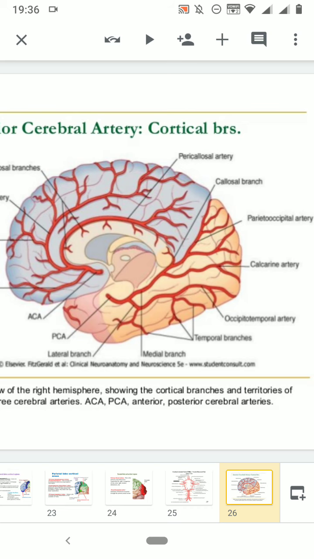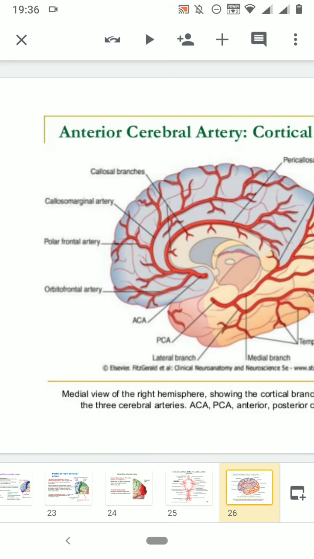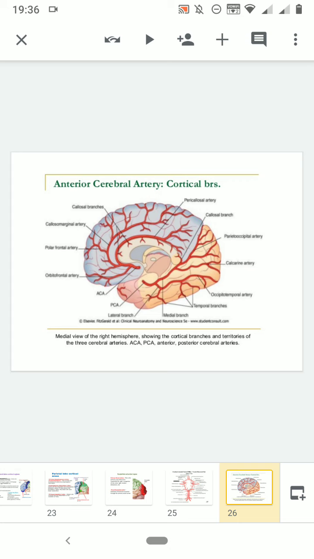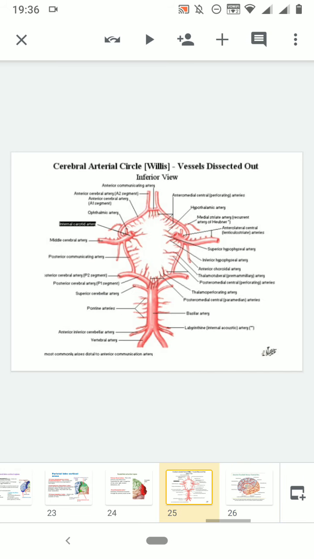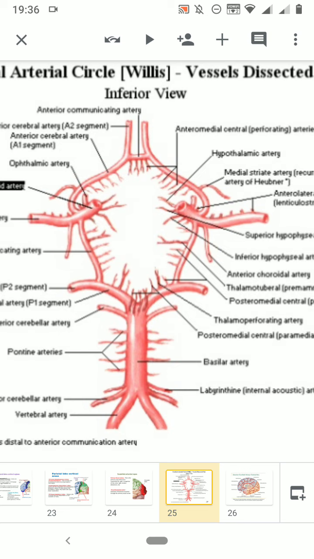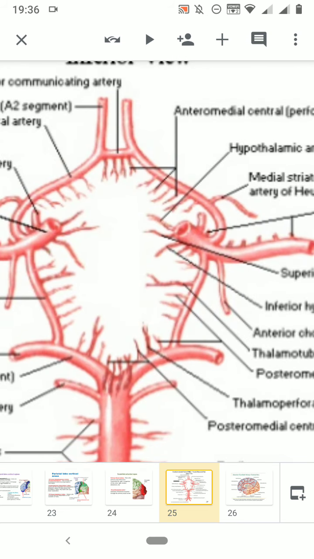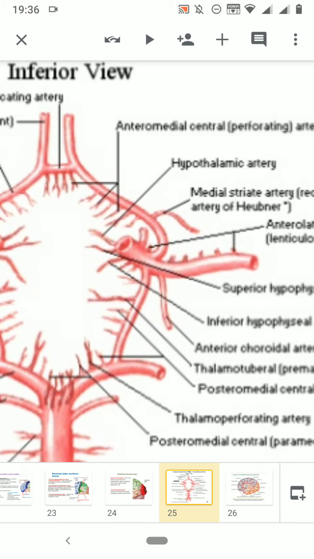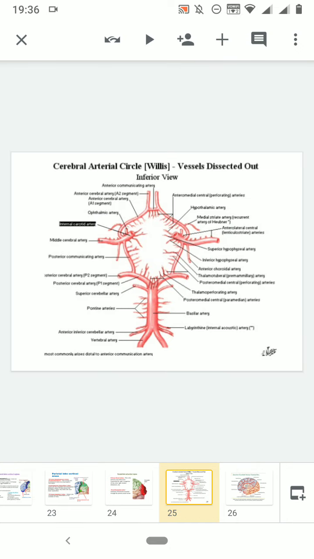So when we see the circle of Willis, you can see over here, this anterior cerebral artery, middle cerebral artery, and posterior cerebral artery mainly gives rise to superficial branches or cortical branches, whereas the deep part of the cerebrum, that is the white matter, will be supplied by these small branches which are called the striate branches or deep branches, which are going from the circle of Willis, from this circle. Okay, so these branches which are going, these are also called the perforating branches. Okay, and they will be supplying the white matter.